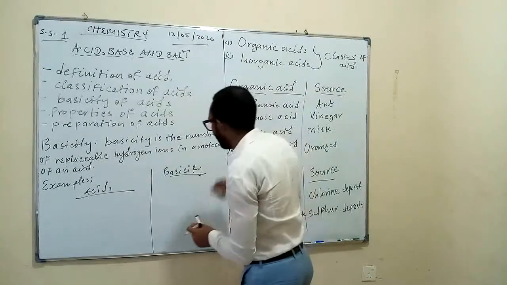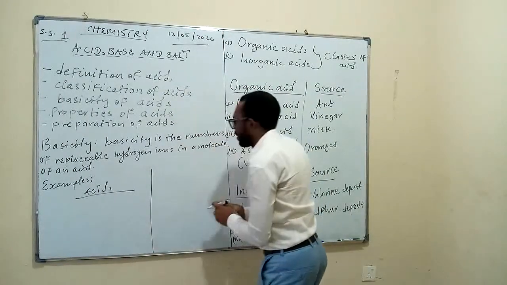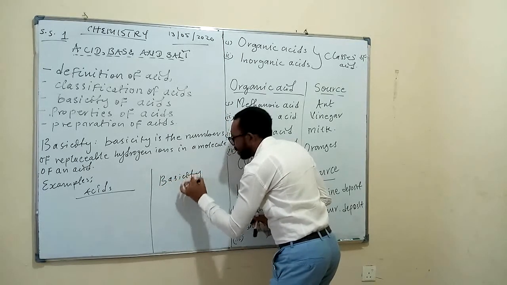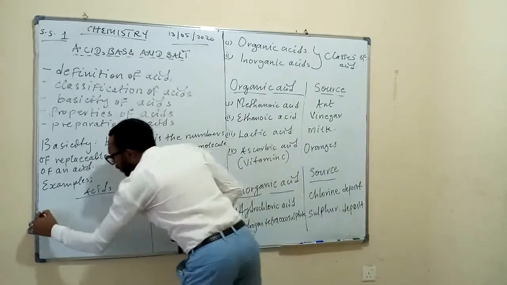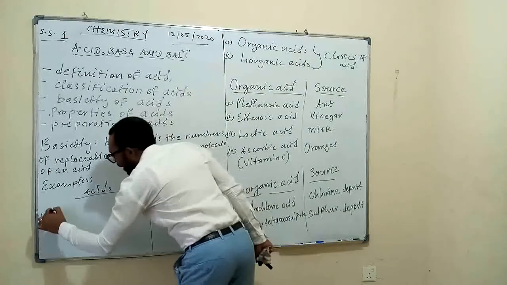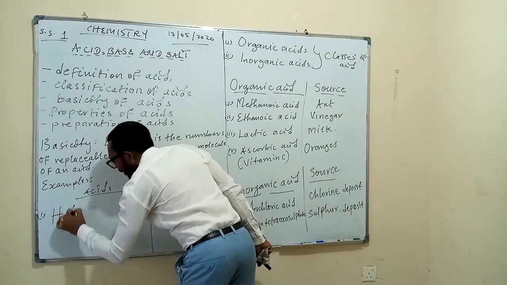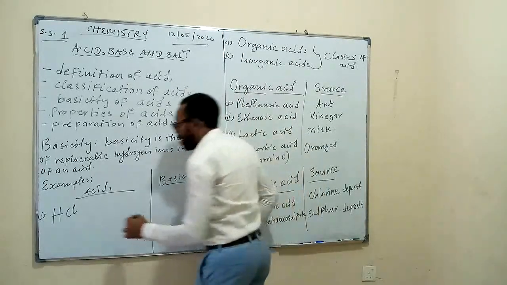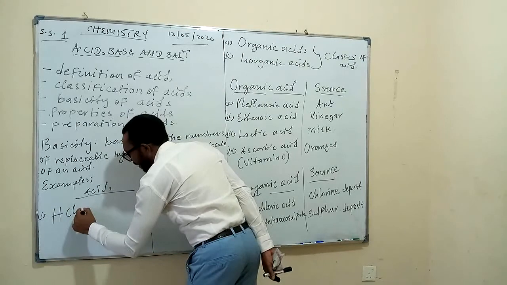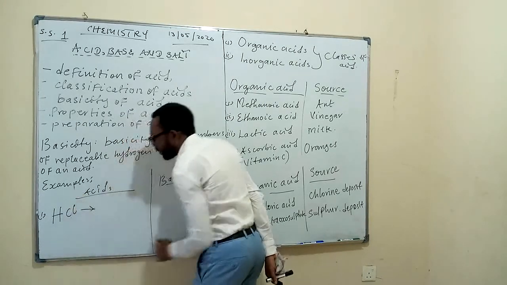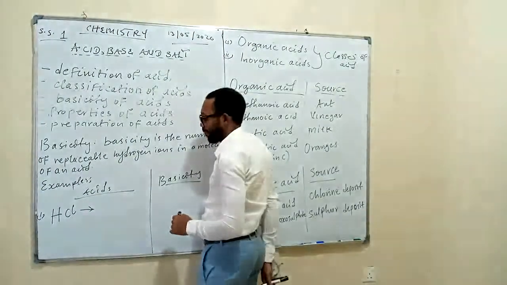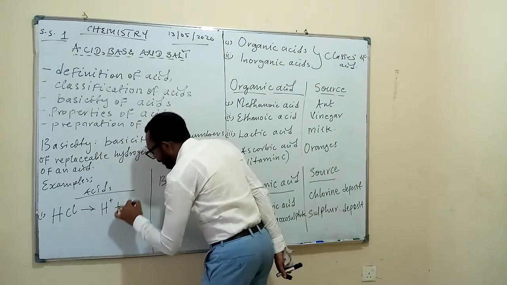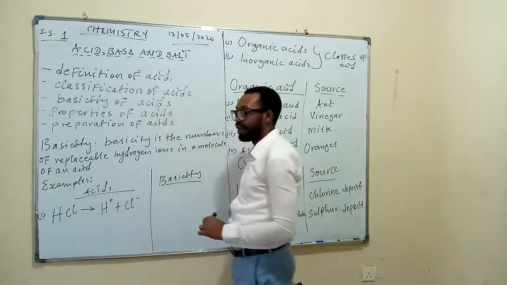Acids and their basicity. The first one, let's pick HCl. Now, if it dissolves in water, this is a strong acid, so I'll use a single arrow for it. It will form H plus and Cl minus.